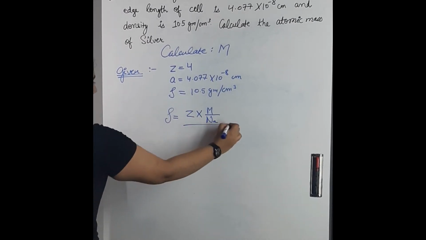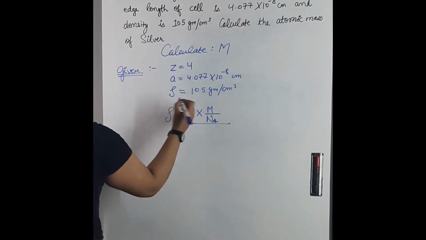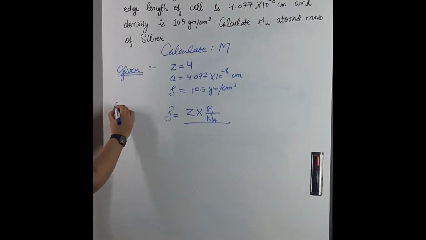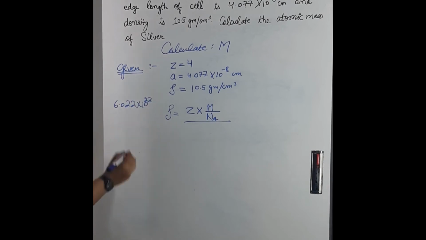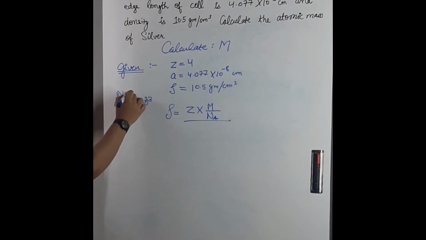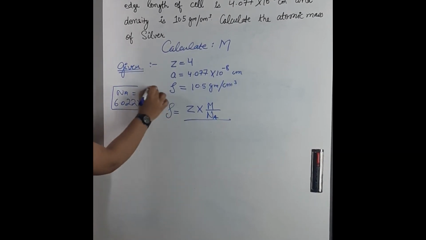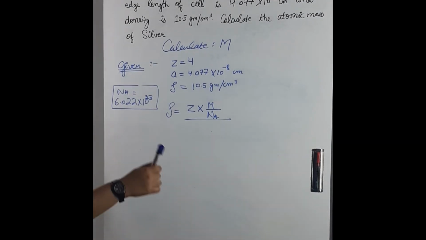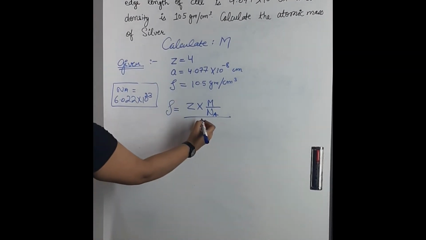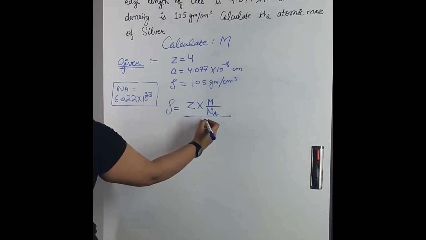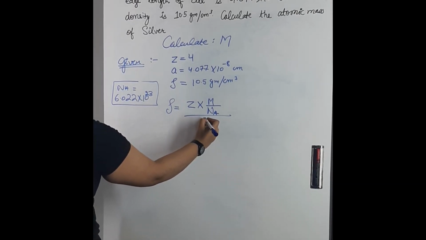Value of Na is fixed, that is 6.022 into 10 raised to power 23. This is the value for Na. It is fixed and it is also written on the first page of your question paper. Upon density, upon volume, a cube.